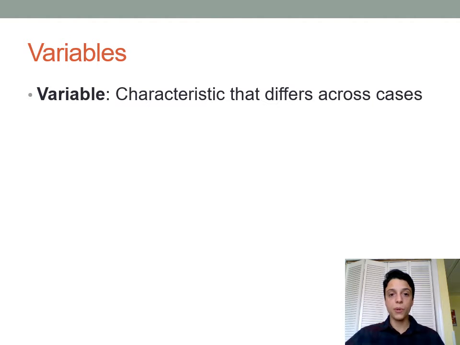Whether or not somebody supports the death penalty would also be a variable, because it's something that would differ among different members of a sample. And variables are really the bread and butter of statistics. We're going to be doing lots and lots of things with variables over the course of the semester, so they'll become your friends.